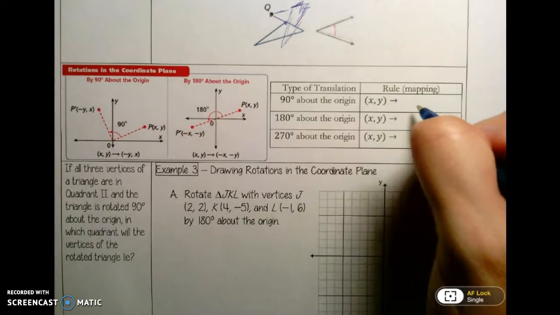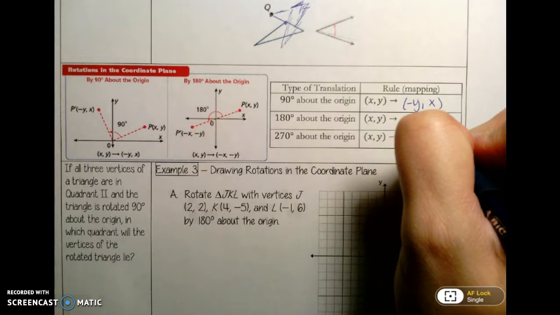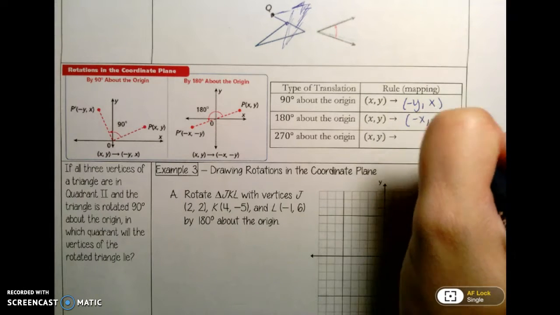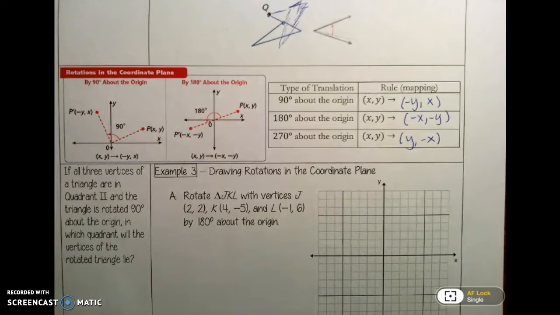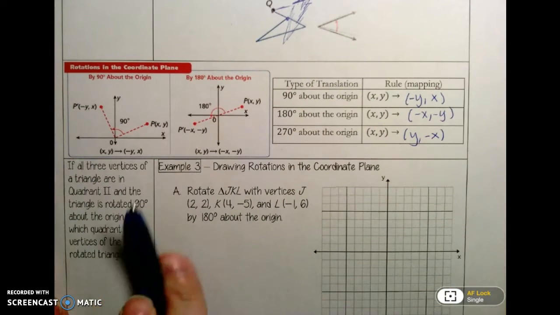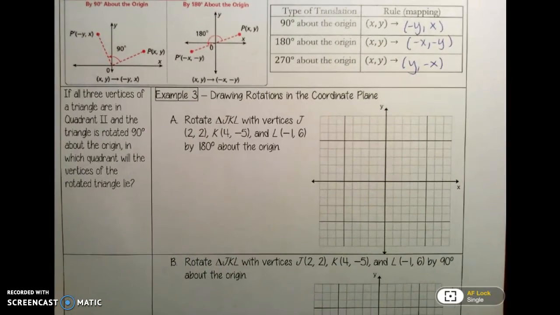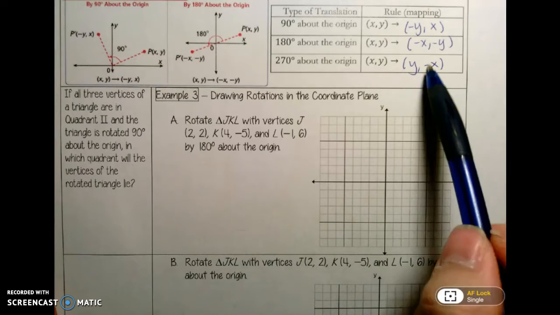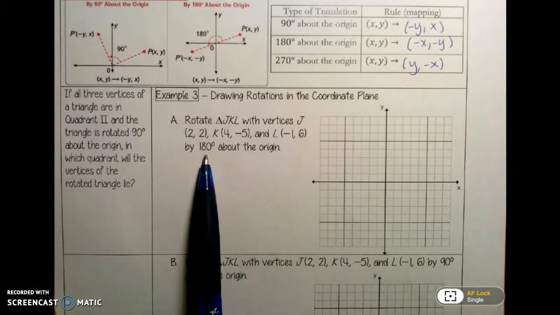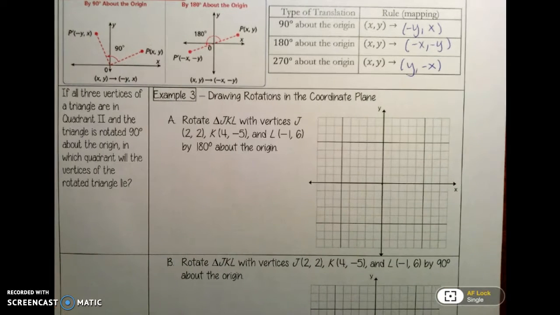So here are those rules again, just for your mapping chart here. All right, so that's what happens when we rotate, and you can see two examples there except for 270. So what we want to do first on number 3 is plot all of our points, and then you can either use your patty paper or you can use the rule, and you can go ahead and rotate that 180 degrees counterclockwise about the origin.